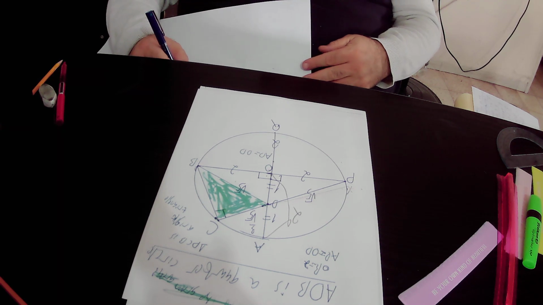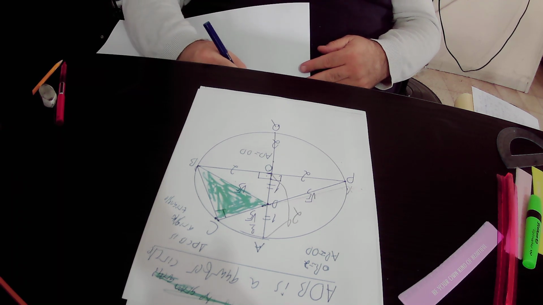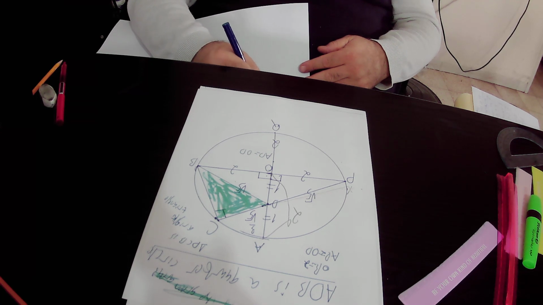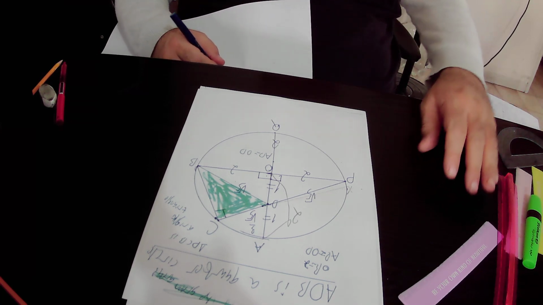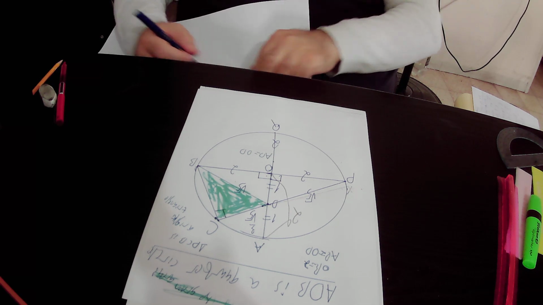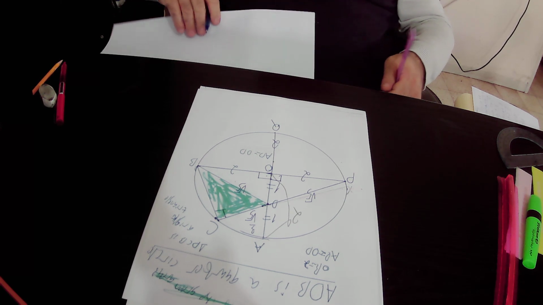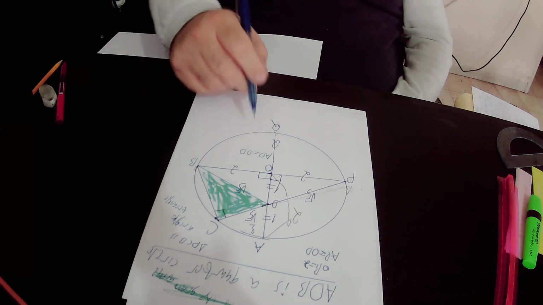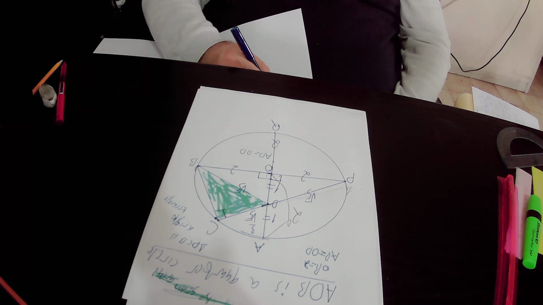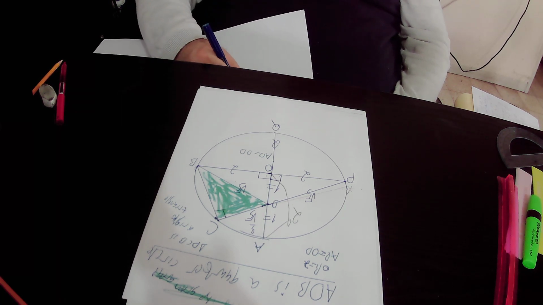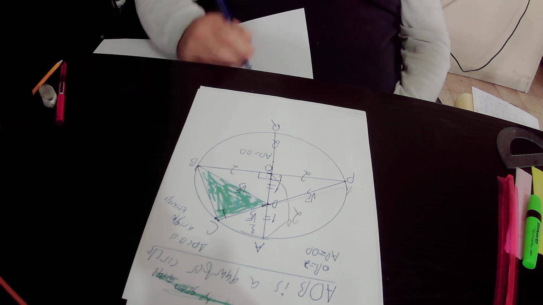According to the Pythagoras theorem, the square of the hypotenuse equals the sum of the squares of the perpendiculars, that is to say, DB square equals DC square plus CB square.